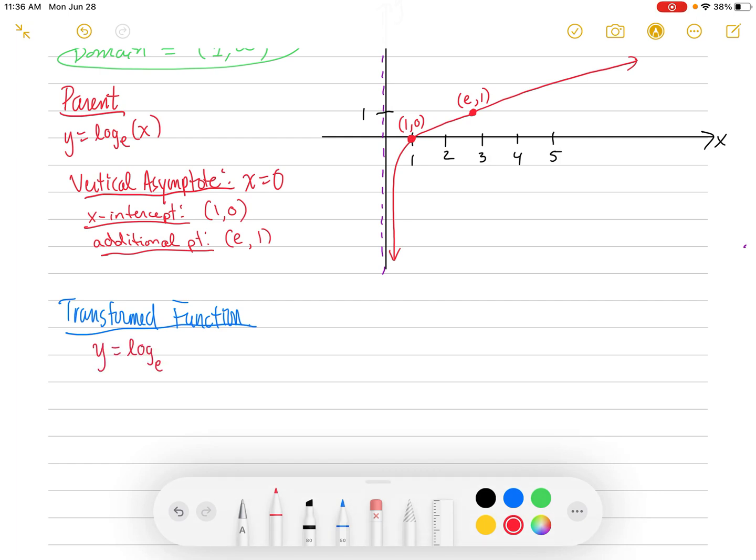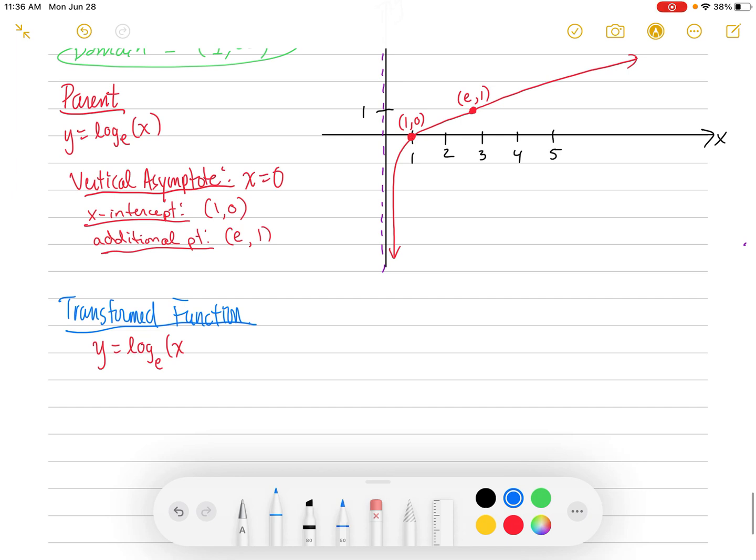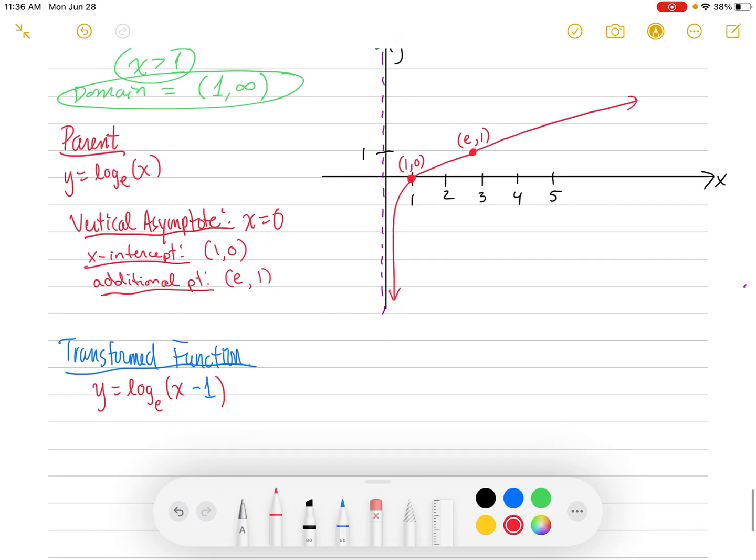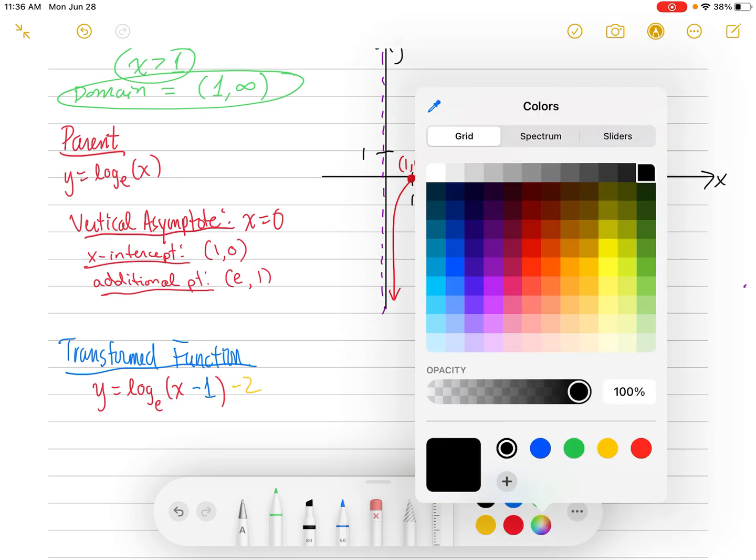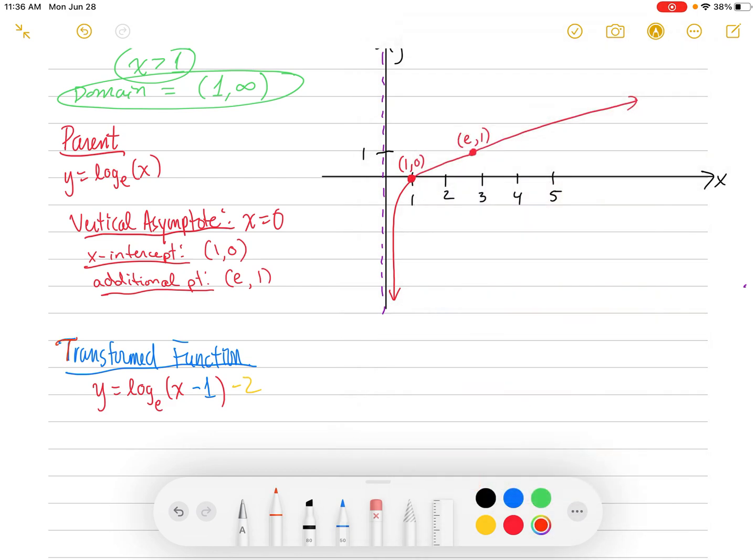Call this the transformed function. So there are going to be 2 transformations. So we have y equals log base e of x, first of all, minus 1, and then minus 2.